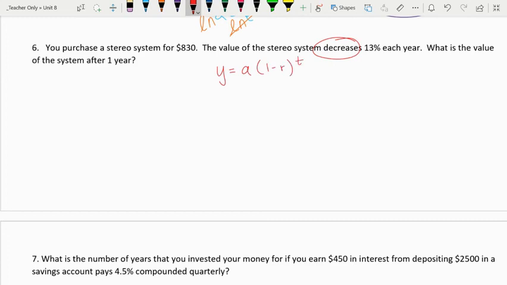So then we plug in. We have 830 times (1 minus our rate, 0.13), and then it's to the 1 year. All we have to do is type that in. If you do that correctly, you end up getting 722.10.